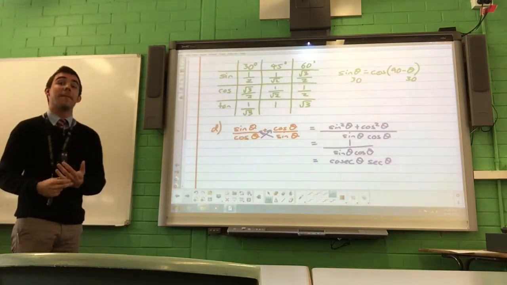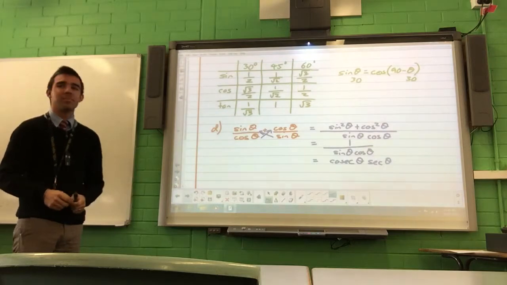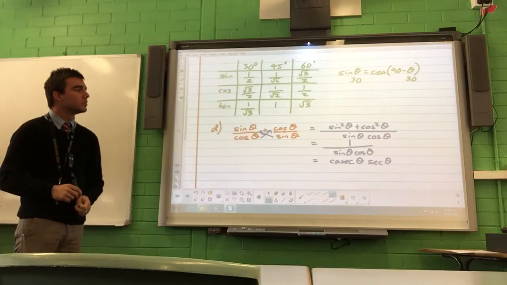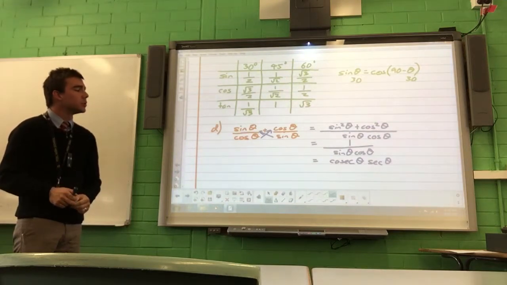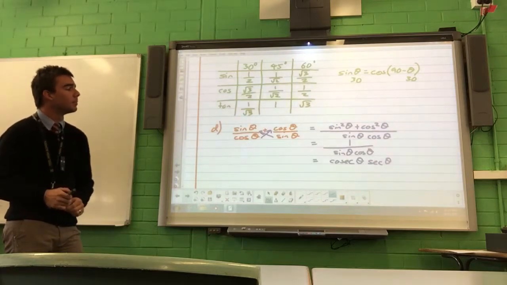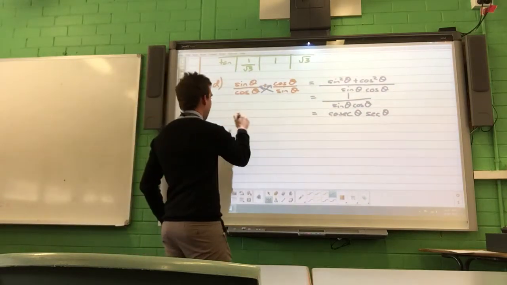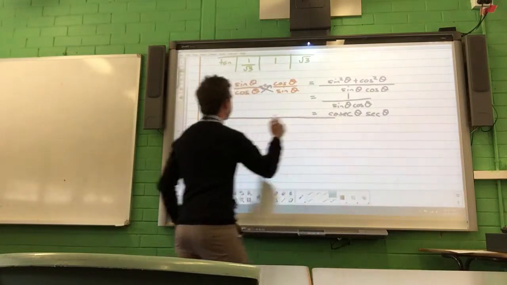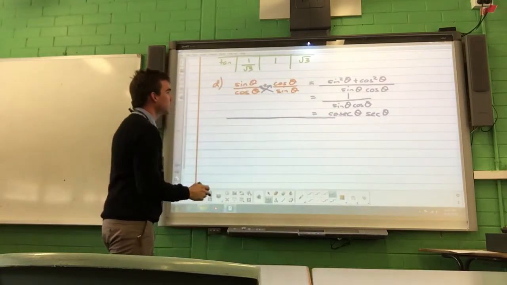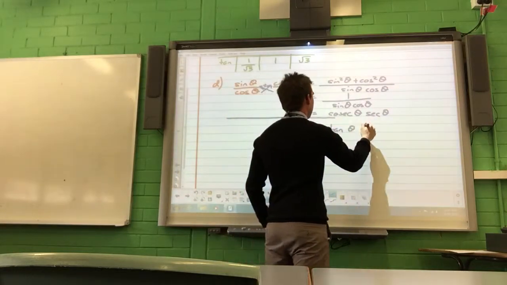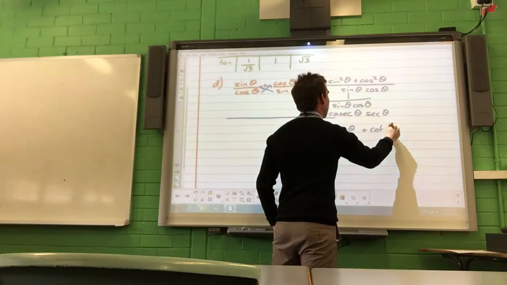Alright, let's just try Robin's suggestion. So, sine squared over cos squared plus cos squared over sine squared, which was tan theta plus cot theta.